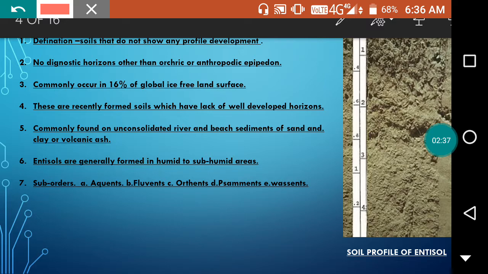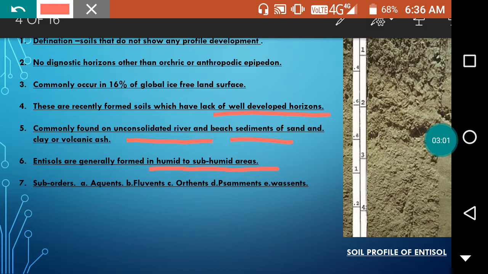I already told that the horizons are not well developed here, and they are commonly found in areas of unconsolidated river and beach sediments, etc., where this Entisol is commonly seen. And after that, the climate. Here the climate is given that Entisols are normally seen in humid to subhumid areas.